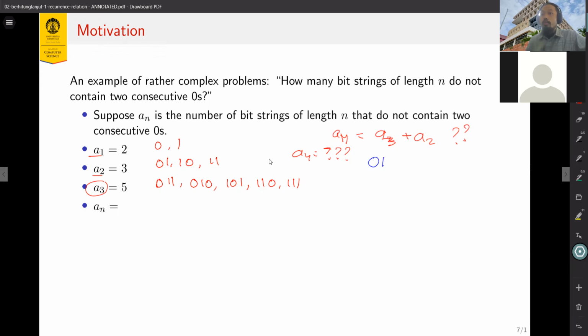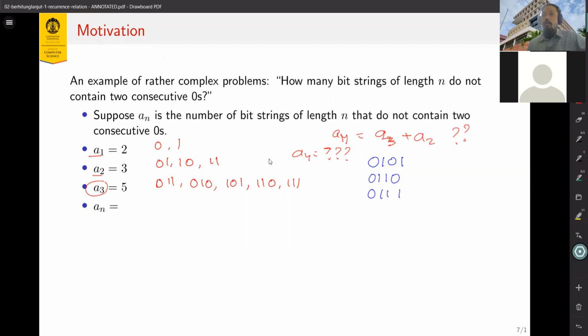And then the next one could be 1 or 0. If it is 0, then the next one must be 1. Again, we start with 0, the next after 0 must be 1, otherwise we have two consecutive zeros. Then after 1 it could either be 0 or 1. Those are the strings that start with 0.